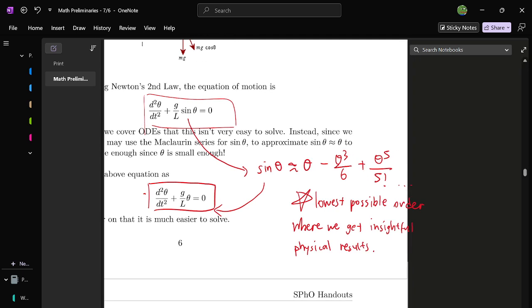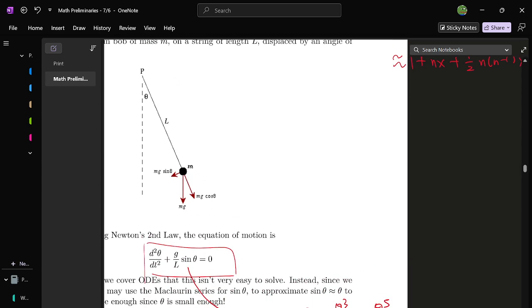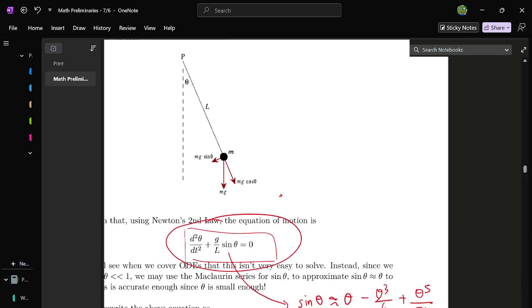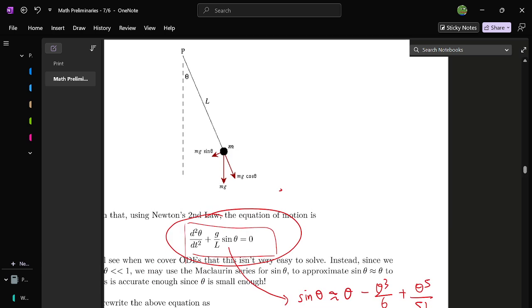This is the order of expansion we're interested in. Of course, you can argue that if we just didn't expand it at all and we somehow managed to solve this equation, then you get the most accurate form of theta as a function of time. And we all agree on that.